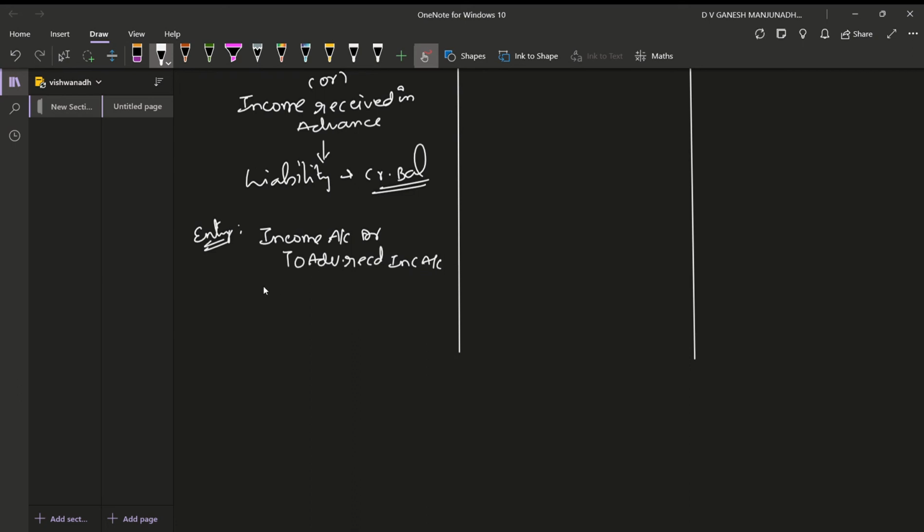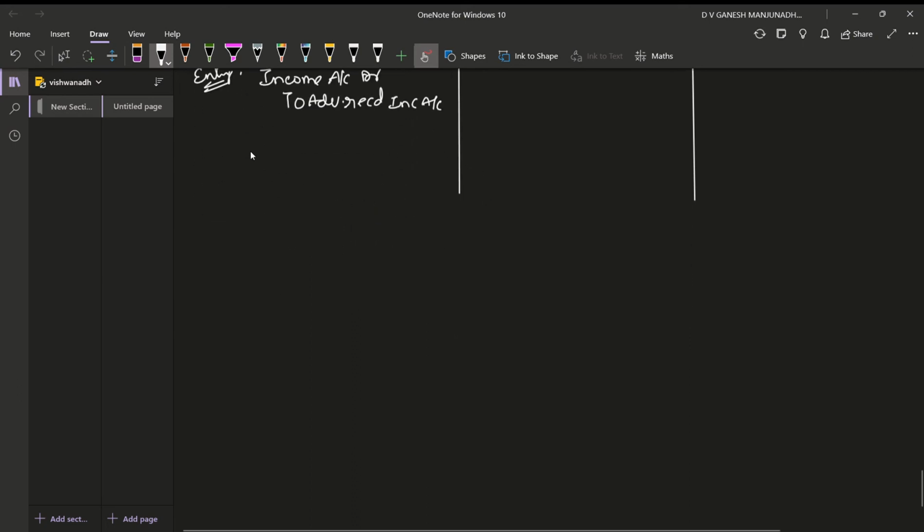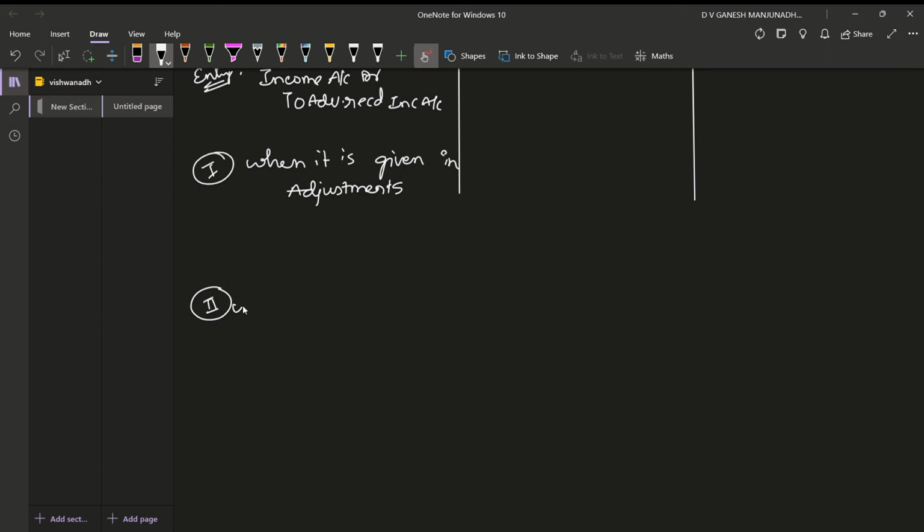This is the adjustment entry. So again the same impacts apply when it is given in adjustments, and also when it is given in trial balance.